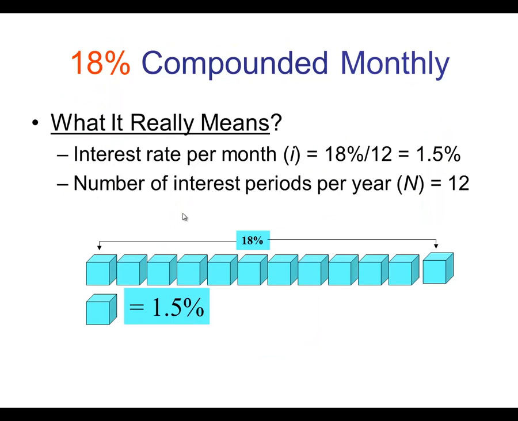So I have 12 periods per year, which means that n is equal to 12, and the interest rate per period is 1.5%. Multiplying the number of periods with the interest per period, we get 1.5 times 12, which equals 18%.